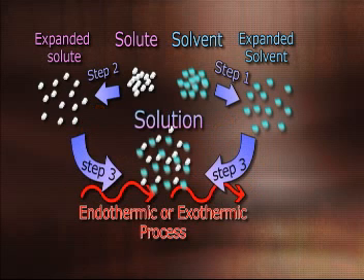In the third and final step, the solute particles mix with the solvent particles. This step can be either endothermic or exothermic, depending on whether heat energy is absorbed or released as a result of the solution being produced.